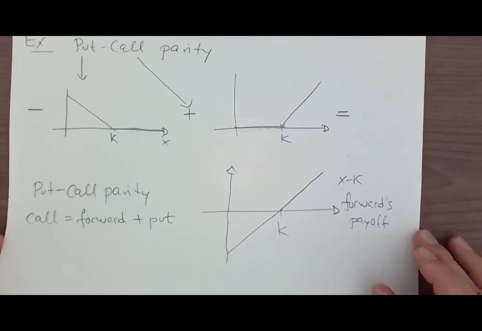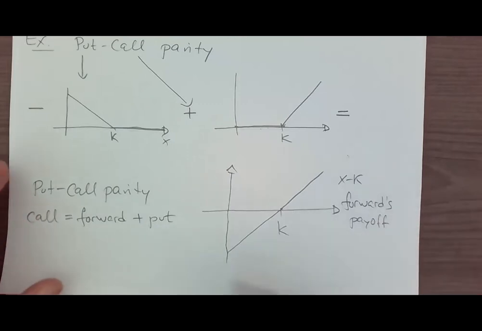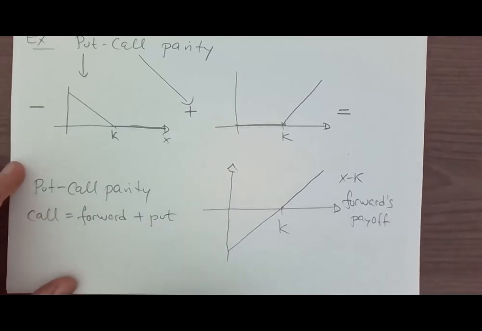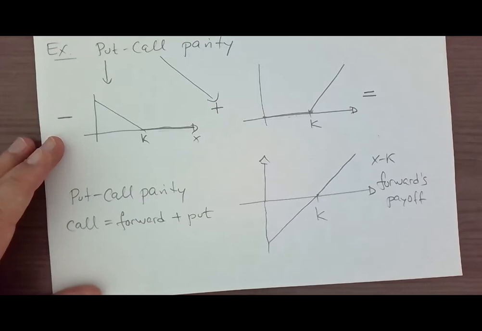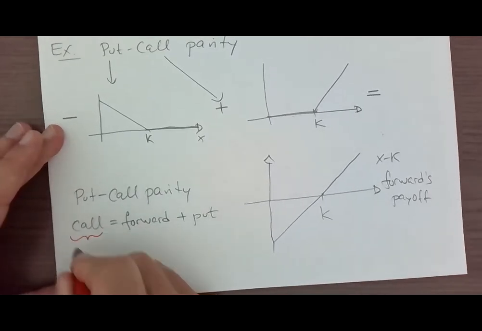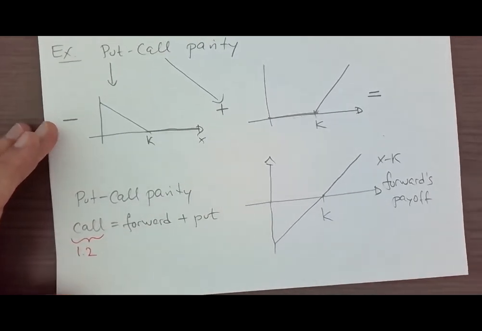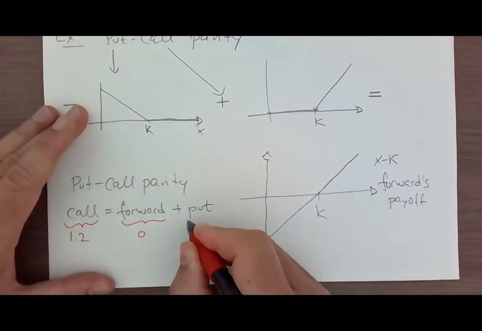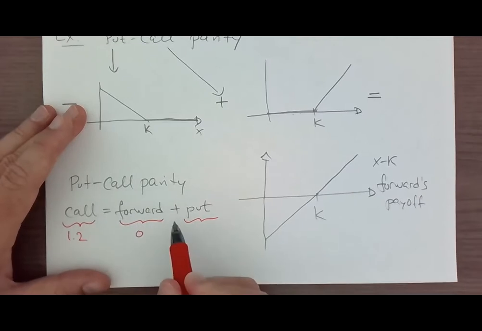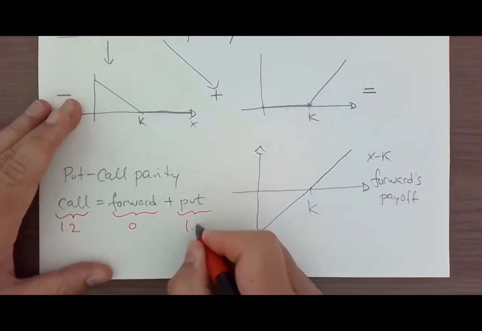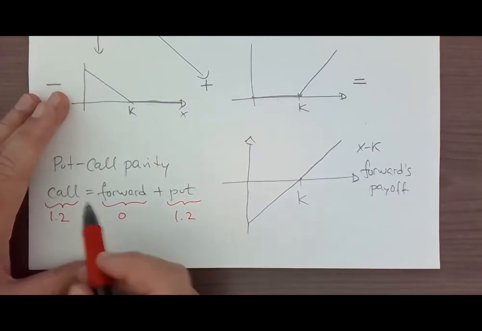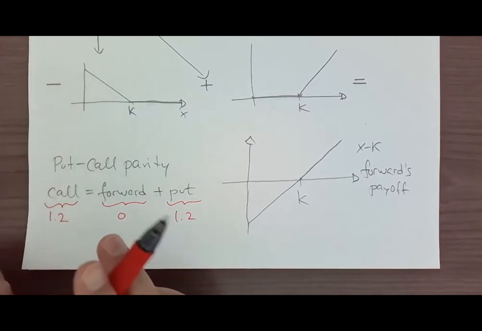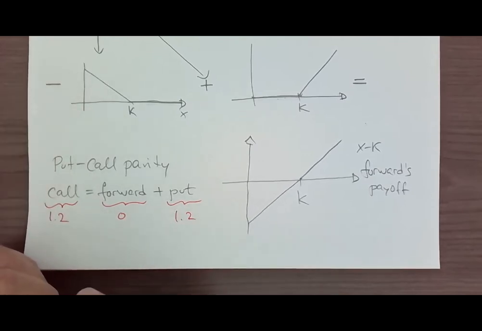This is the put call parity. I can express the call price in terms of the forward price plus the put price, right? And in our example, we had the call was 1.2. We actually found that the forward price was equal to 0. Well, then this equation is going to dictate that the put price must also be 1.2. And we're good. So the difference between put and call prices is exactly the forward.